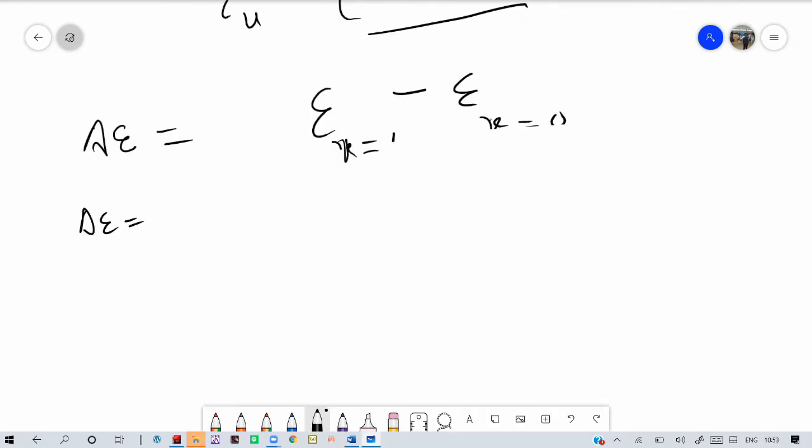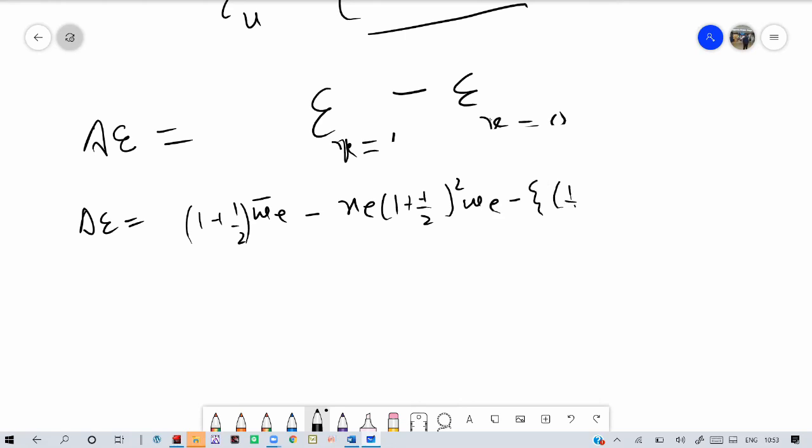Delta E is equal to 1 plus 1 by 2 omega e minus xe into 1 plus 1 by 2 whole square omega e, minus 1 by 2 omega e plus 1 by 2 xe omega e.